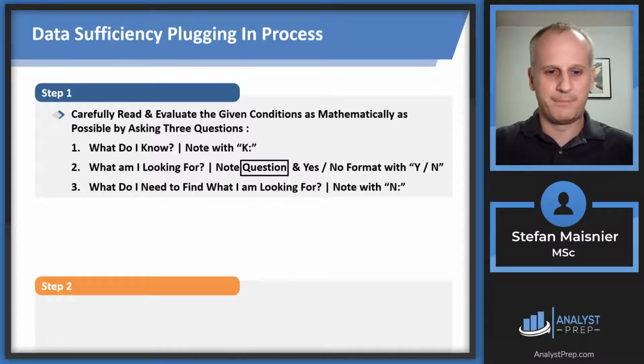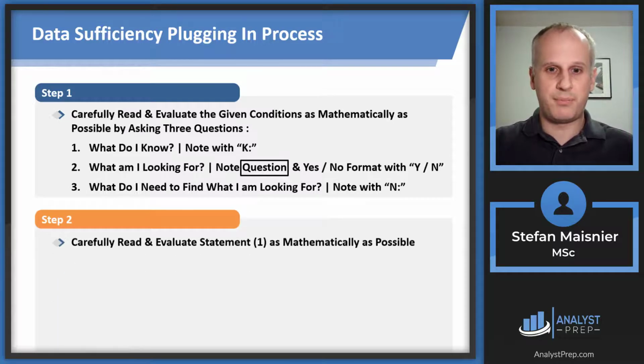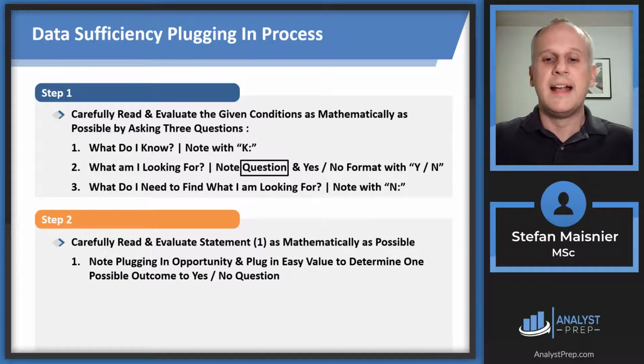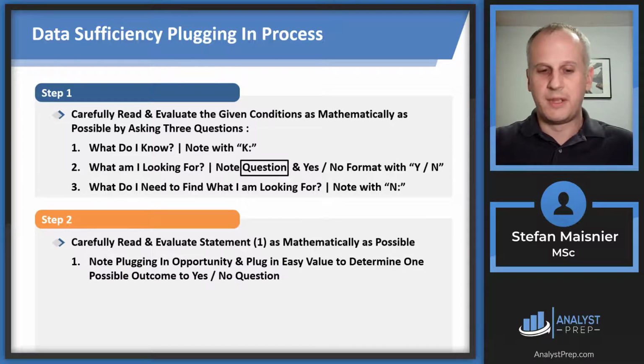Now, step 2, if you're plugging in, you still want to carefully read and evaluate statement 1 as mathematically as possible, but you'll note the plugging in opportunity and plug in an easy value to determine one possible outcome to, probably, a yes-no question.